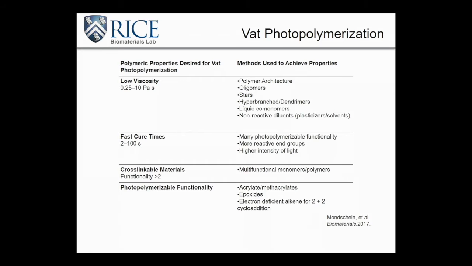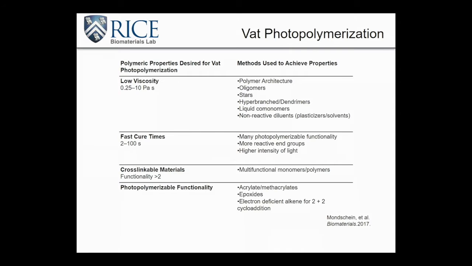And actually, that's a nice segue into some of the materials that we do use to produce these higher resolution scaffolds. There's several different contributing factors that we have to investigate in order to ensure that we get the highest resolution possible. And the first is low viscosity.